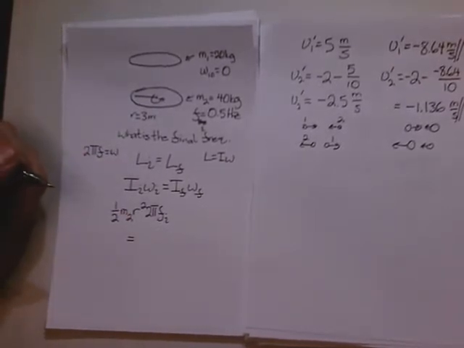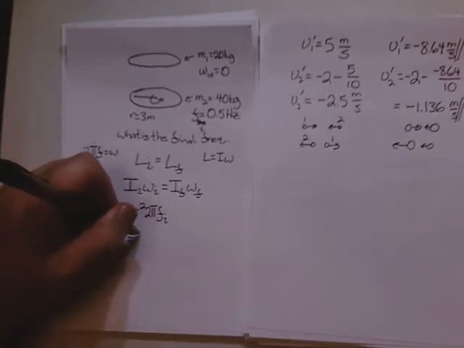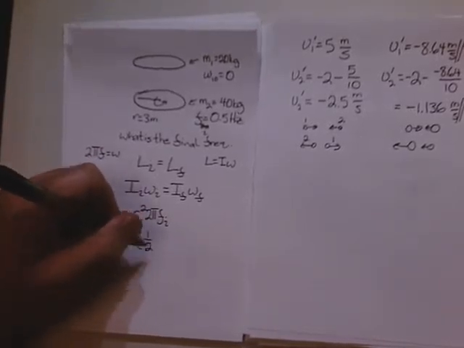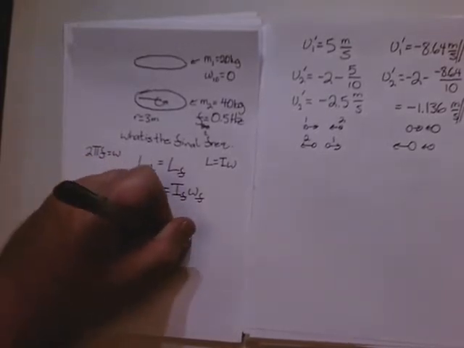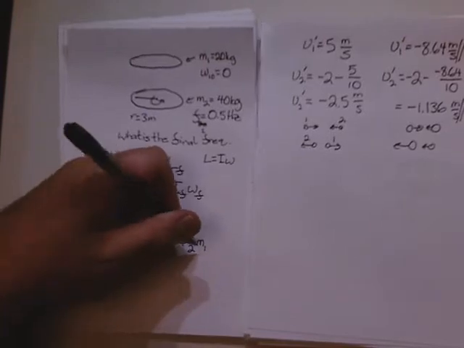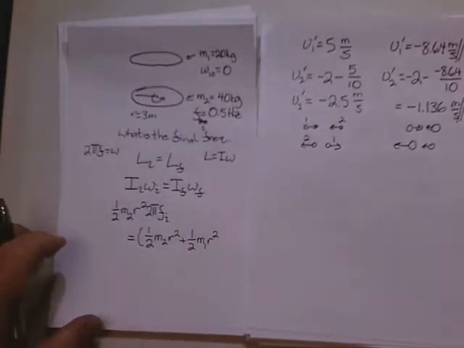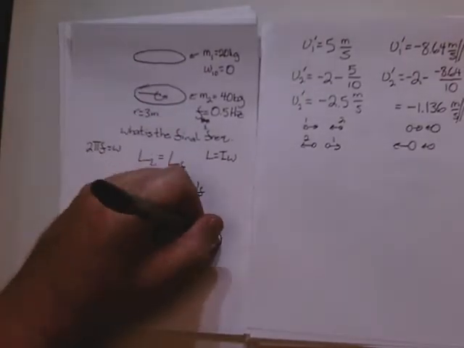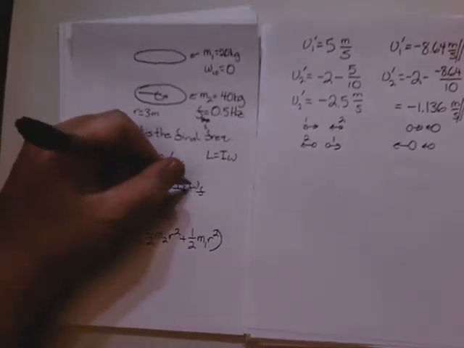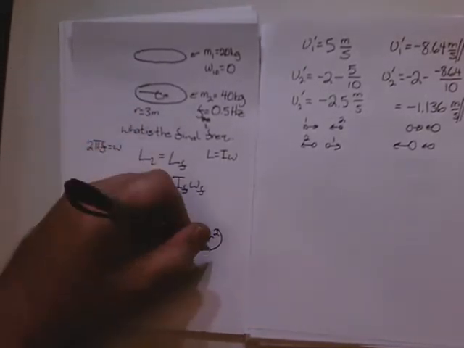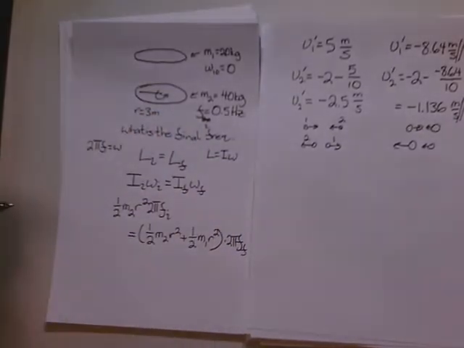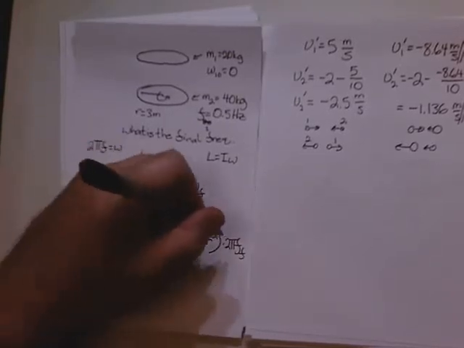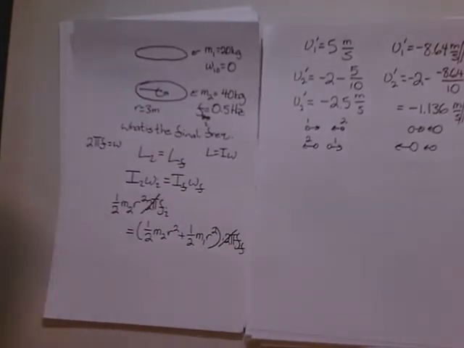The final moment of inertia is the moment of inertia of disk 2 plus the moment of inertia of disk 1. And omega final is 2 pi frequency final. So the 2 pi's cancel.